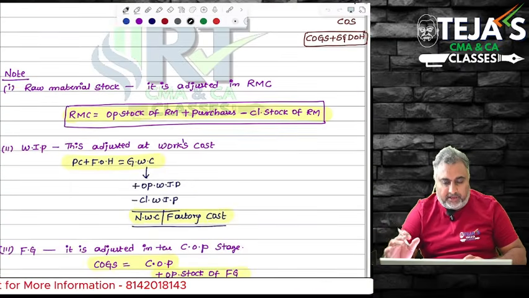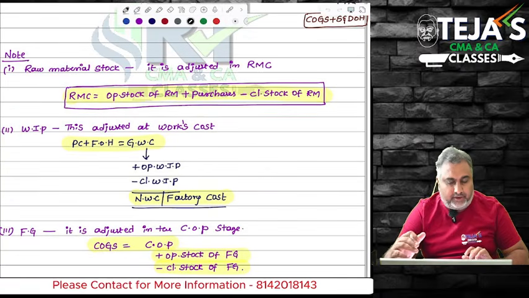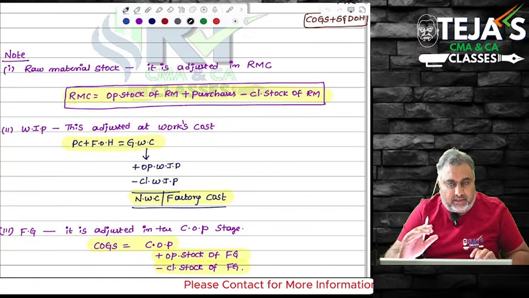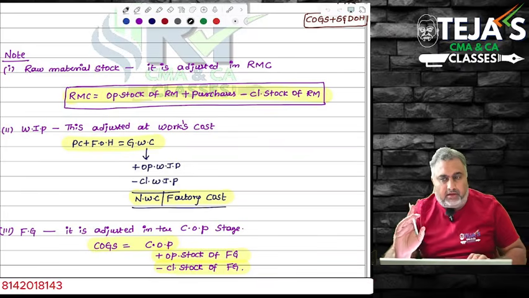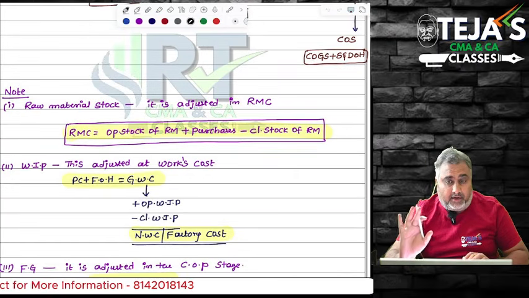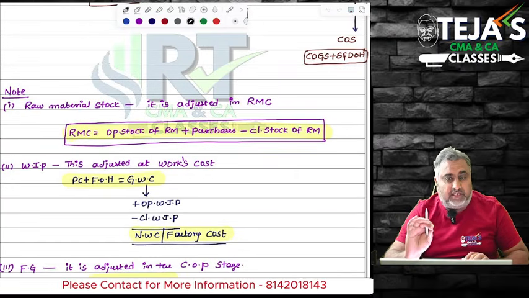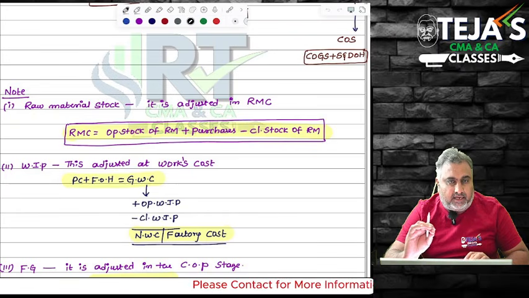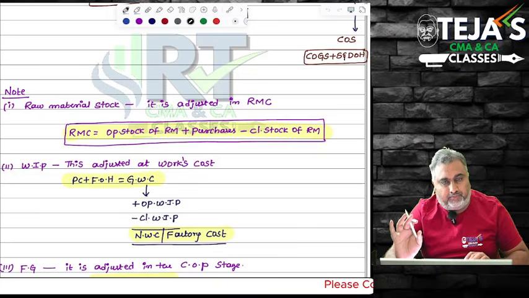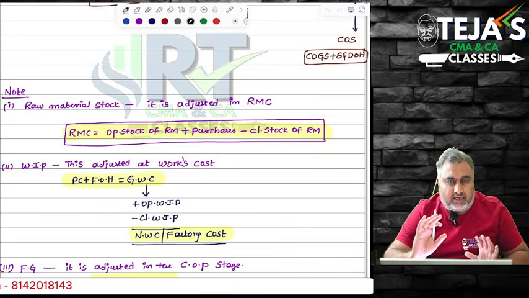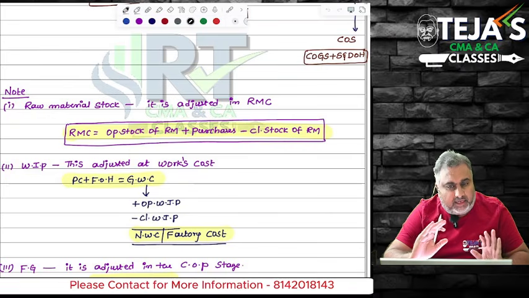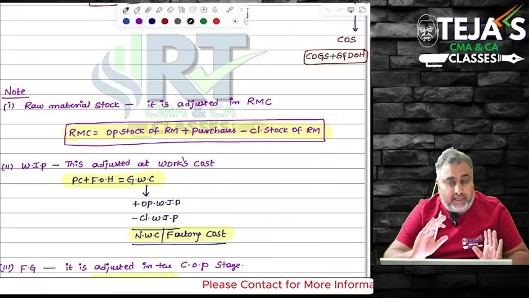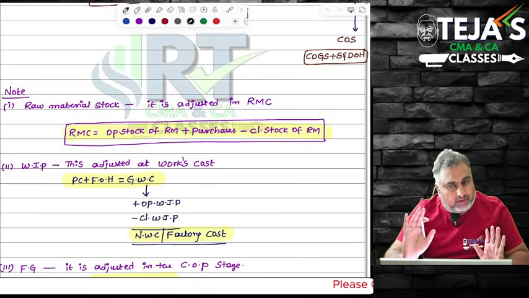Once you get the raw material consumed, you need to start adjusting by adding direct wages and direct expenses. Especially with special design charges and hire charges of special equipment, here they always confuse the student. If they provide exclusively hire charges, then put it under factory overheads.